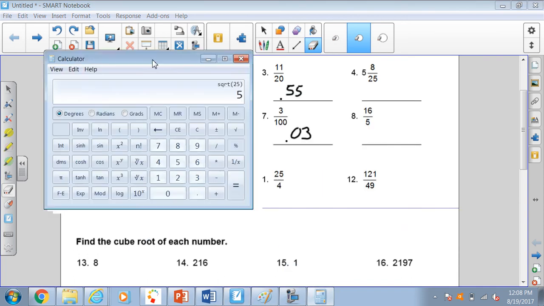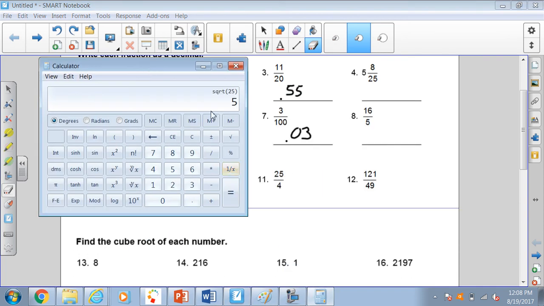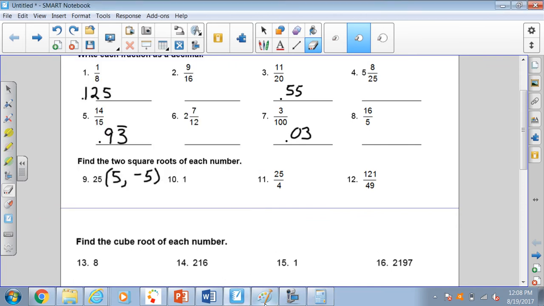All right, number 11, let's try that one, and we'll use our calculator now that we know how to use this. Remember, when I'm doing a fraction, I'm going to write this one out again because I want you guys to know how to deal with a fraction. I'm really taking the square root of 25 over 4. That means both numbers I have to find the square root of. And if I do that, I know the square root of 25 from answer 1 is going to be 5, right?